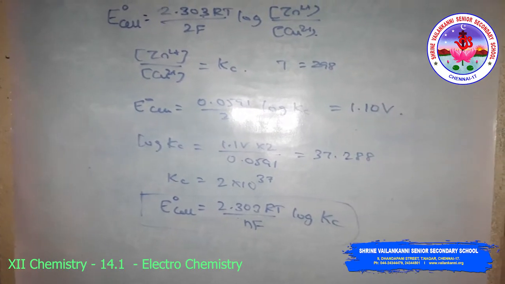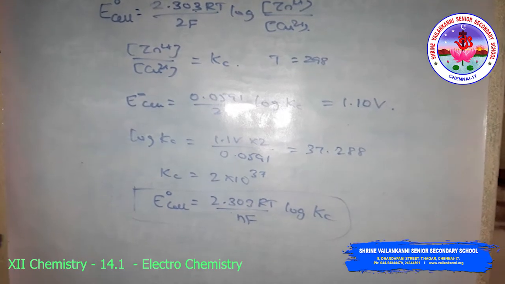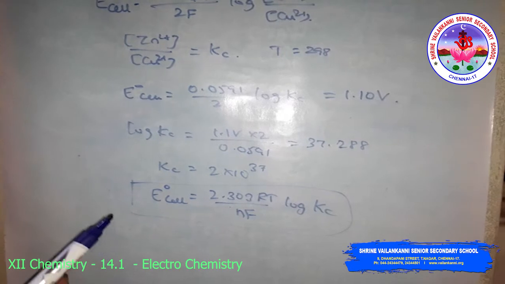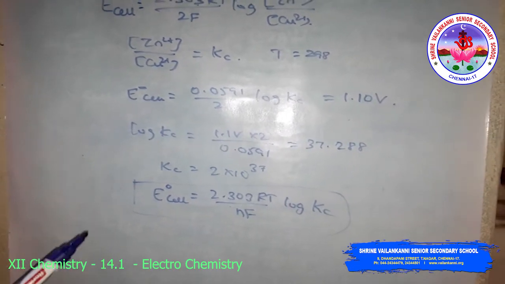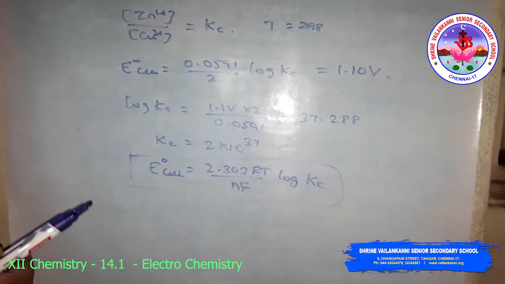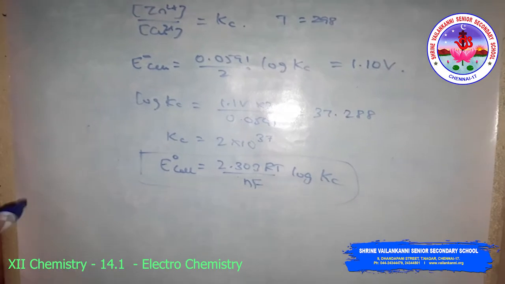Then next is the electrochemical cell and the Gibbs energy of the reaction. The electrical work done in 1 second is equal to the electrical potential multiplied by the total charge passed. So if you want to obtain the maximum work from a galvanic cell, then the charge has to be passed reversibly.